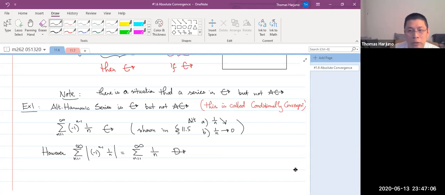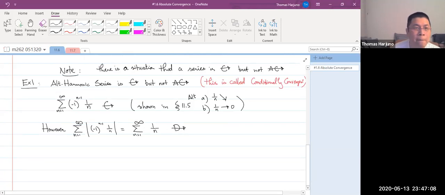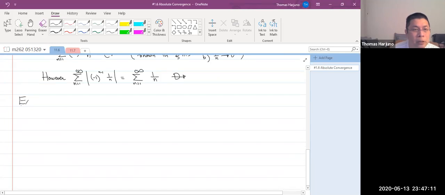Now, for another example, suppose I do the series of (-1)^n times 1 over n squared. You need to show this yourself.